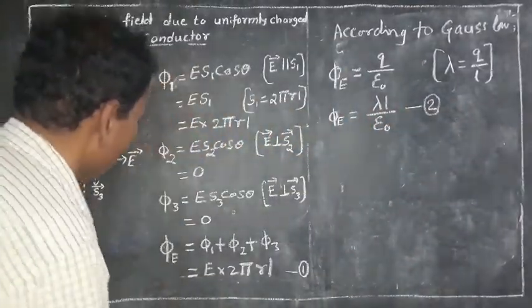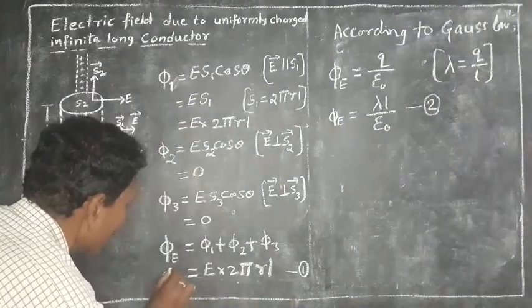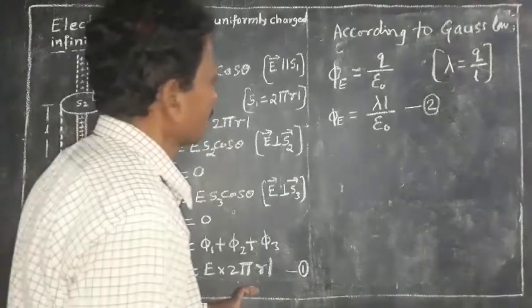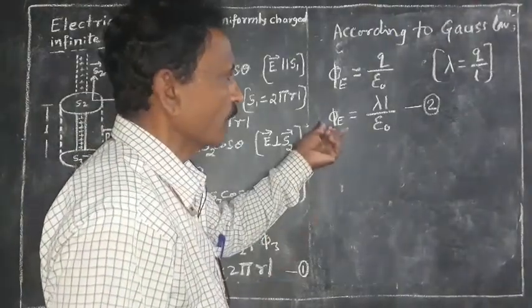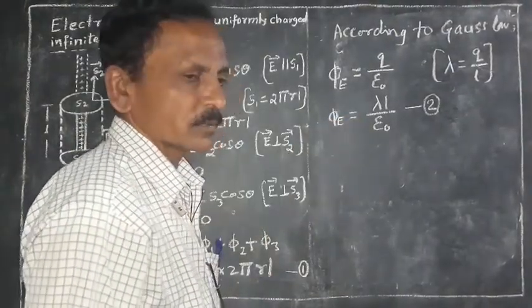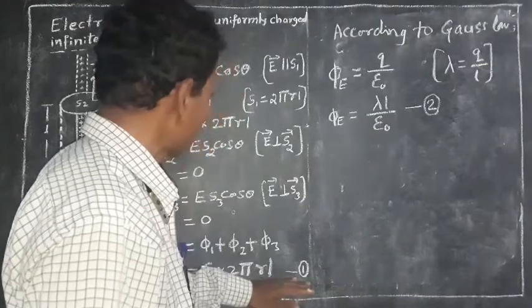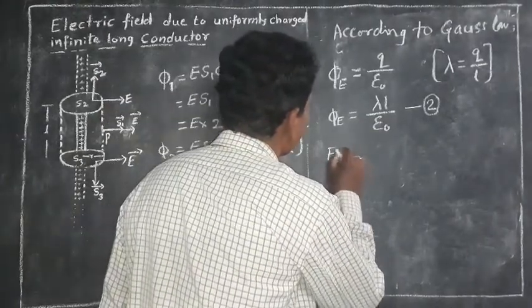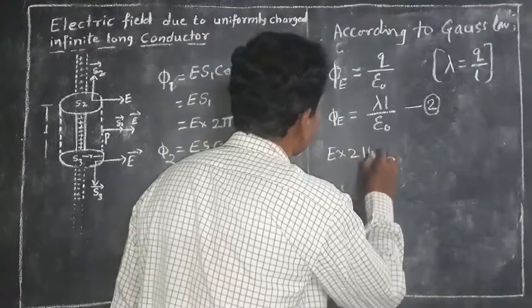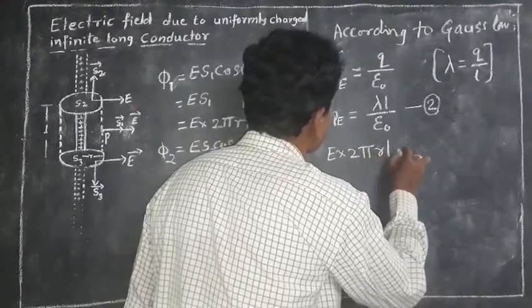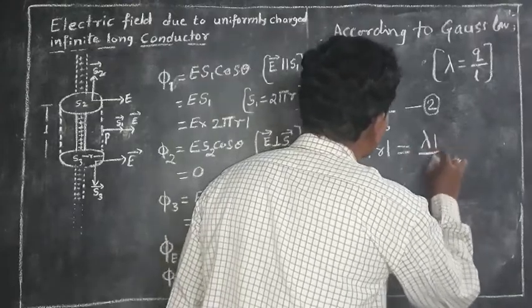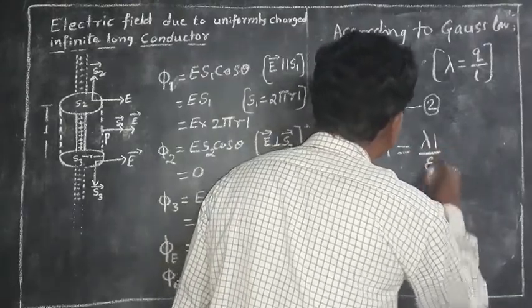Equation 1 is phi E equal to E into 2 pi RL, and equation 2 is phi E equal to lambda L by epsilon naught. Therefore, comparing equations 1 and 2, E into 2 pi RL is equal to lambda L upon epsilon naught.